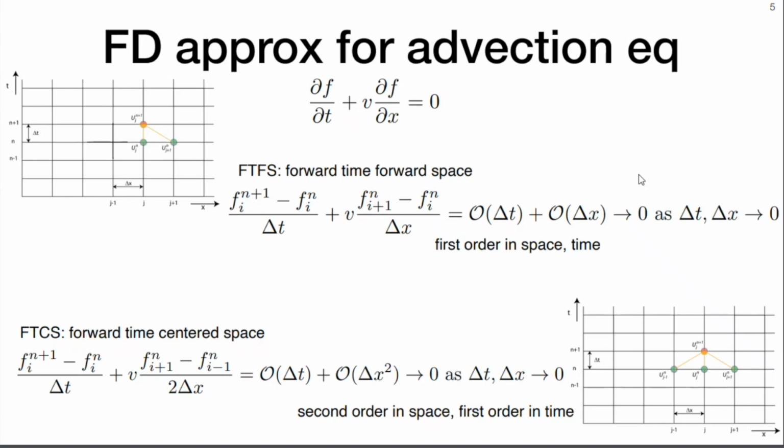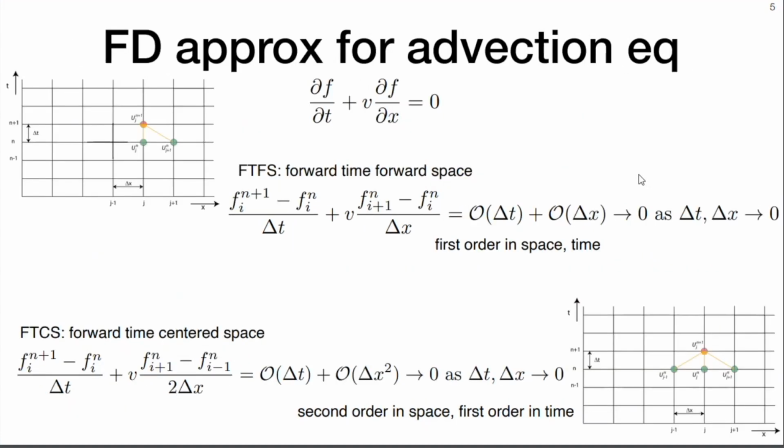So the solution here depends on this point, this point, this point in the single time step. This is sort of like a numerical zone of dependence. In the previous talk, I gave you the example of range of influence and zone of dependence. The solution here depends only on these points, so this is the numerical zone of dependence.